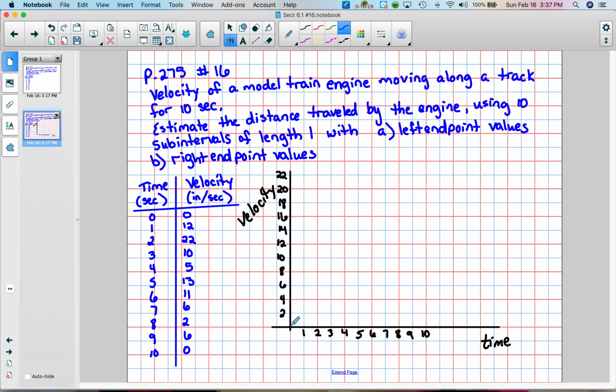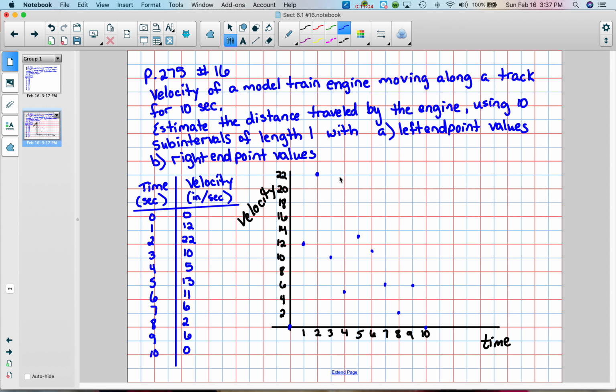So we have (0, 0), (1, 12), (2, 22), (3, 10), (4, 5), (5, 13), (6, 11), (7, 6), (8, 2), (9, 6), and (10, 0).